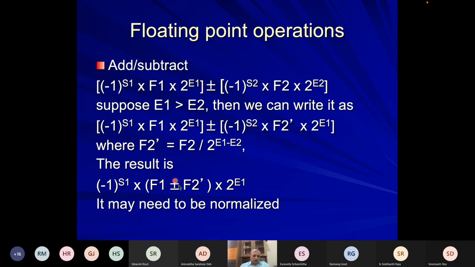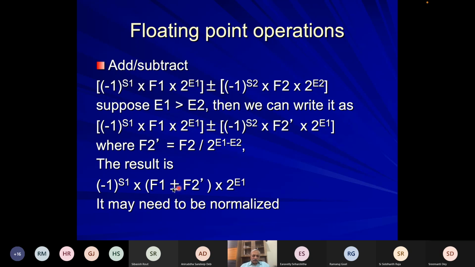To some extent, you can adjust it by normalizing. Let's say the sum was slightly more than 2. Then you can shift it right and increase the exponent.